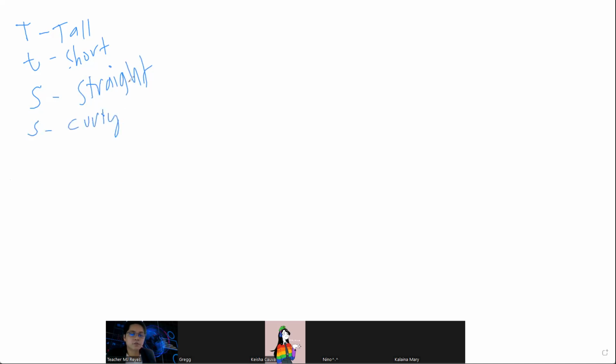So we have two different sets of genes, two different alleles, two different points of interest.